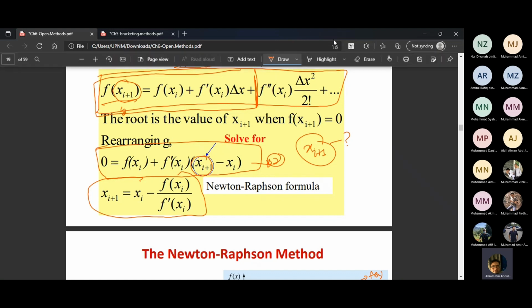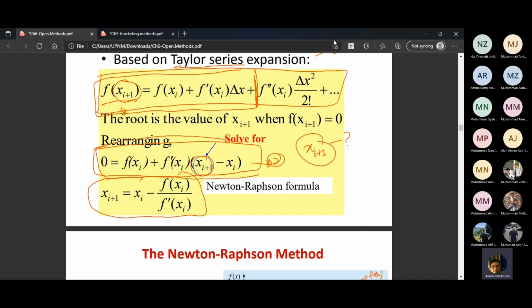Okay. So if f of x i equals 0, then we will get this term. And if we try to solve this, so kita nak yang ni. Kita punya target adalah kita nak tengok what is the next value of x. So if we rearrange this, we'll get the Newton Raphson formula.